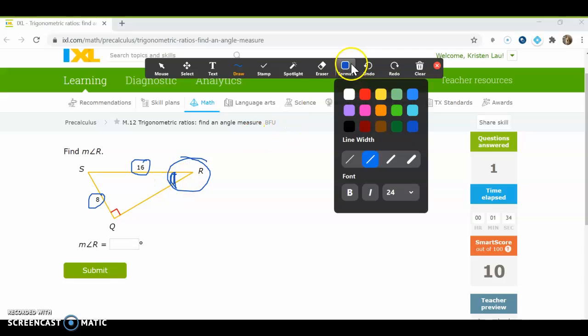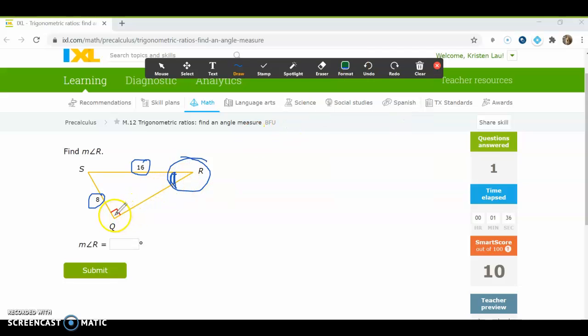Okay, so I now need to label my hypotenuse, the opposite side, and the adjacent side. There are different ways that you can label your sides.